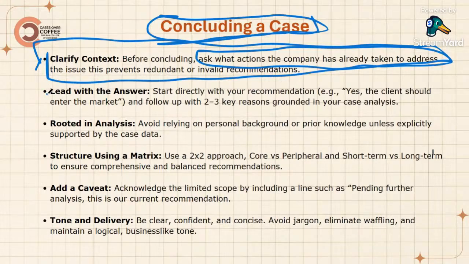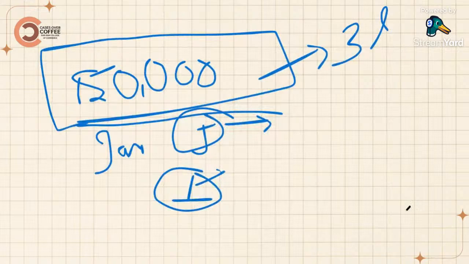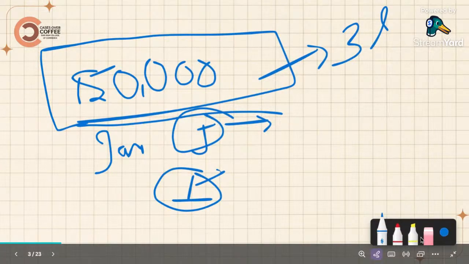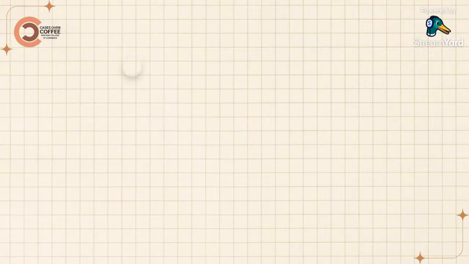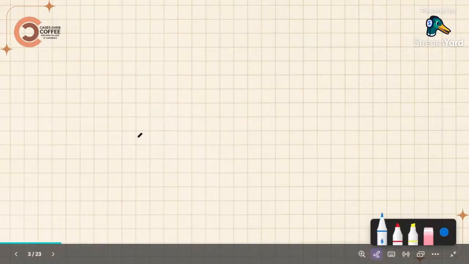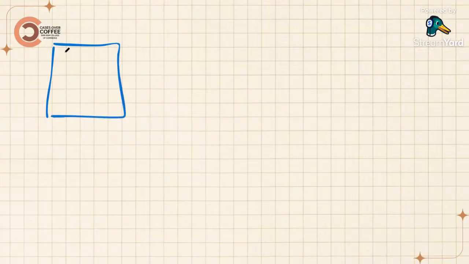Then what is the lead with the answer thing? What I meant by lead with the answer is, okay, there can be two possibilities. Number one, that you say to the company yes or no, that this should be done, and then you explain why you should do the same.